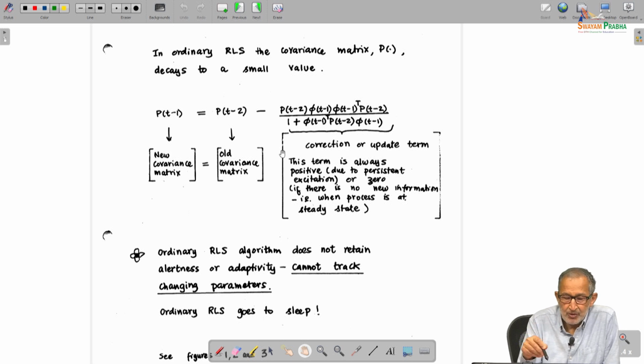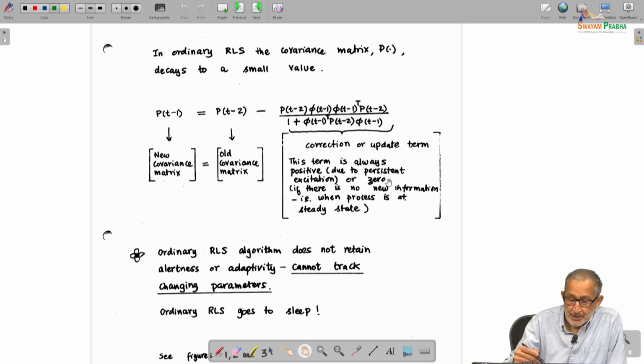that because the covariance matrix decays to a small value, here is the covariance update. The new covariance matrix is equal to the old covariance matrix minus this term here. This is the correction or the update term. This term is always positive due to persistence of excitation. The input is always changing, or it could be 0 if there is no new excitation, no new information when the process is at steady state.